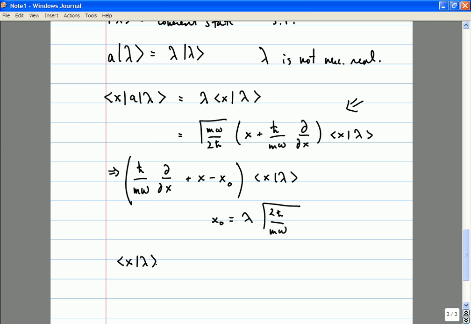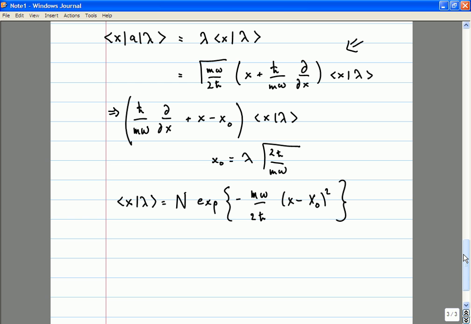So the wave function is some normalization factor times the exponential of minus m omega over 2 h bar, just as for the ground state, times x minus x naught squared. There's an important subtlety here in thinking about this solution, which is that x naught here is complex. If x naught were real, then this would just be a Gaussian that is displaced by some amount relative to the origin.